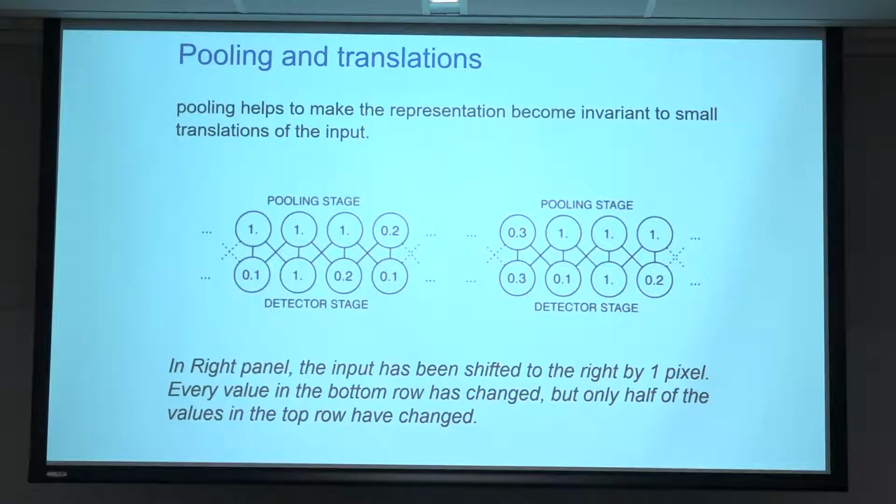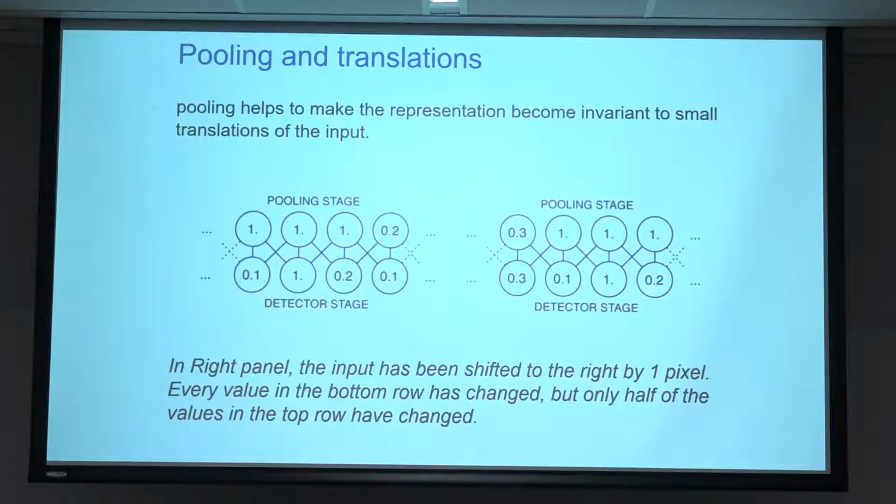But look at the pooling stage, and pooling here was max pooling. So we took the maximum of 3 elements. That was 1, it is 0.3. That was 1, it's still 1. That was 1, it's still 1. It was 0.2, it is 1. So everything has changed at the detector stage, but only 50% of elements after pooling have changed.